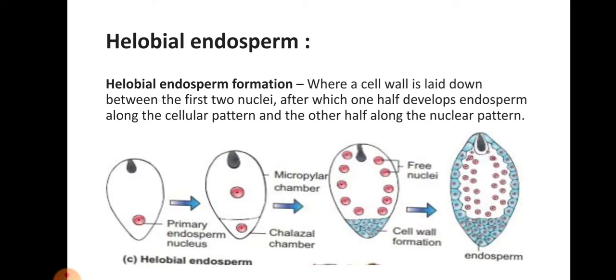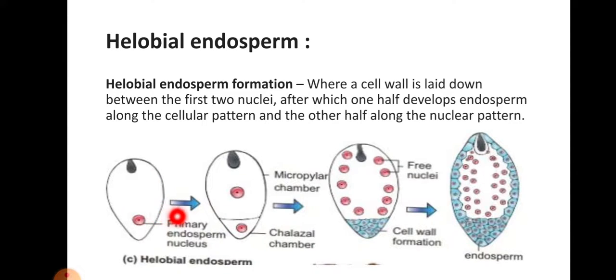The next one is the helobial endosperm. Helobial endosperm formation is where a cell wall is laid down between the first two nuclei, after which one half develops the endosperm along with the cellular pattern, and the other half along with the nuclear pattern. So here you can see the half part is here.